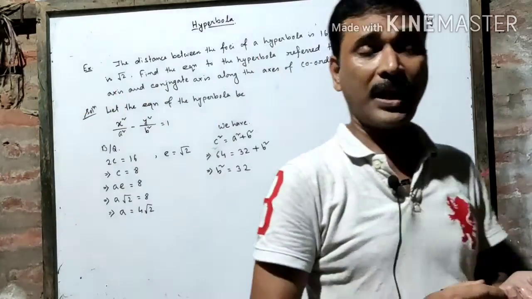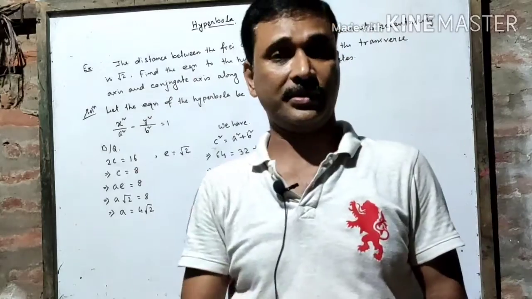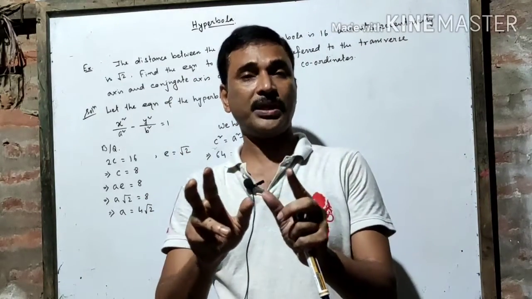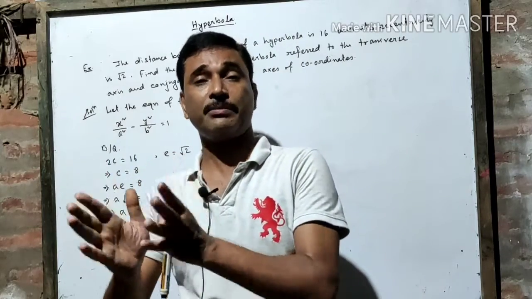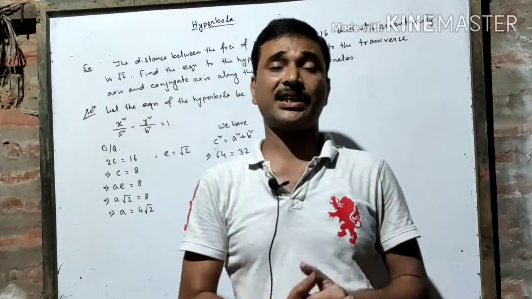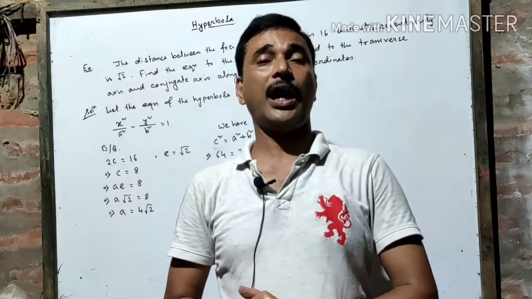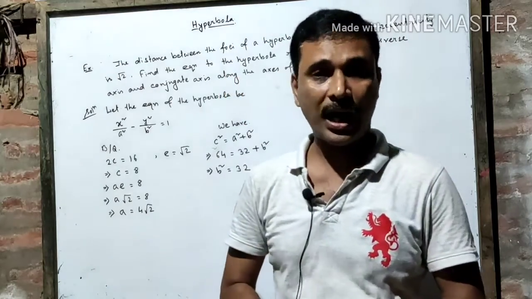In case of an ellipse, when a is equal to b, the ellipse becomes a circle. And in case of a hyperbola, when a is equal to b, that means the length of the semi-transverse axis is equal to the length of the semi-conjugate axis, then that type of hyperbola is called a rectangular hyperbola. What is a rectangular hyperbola?